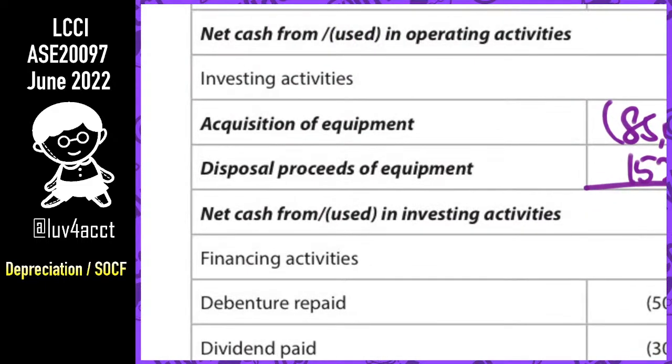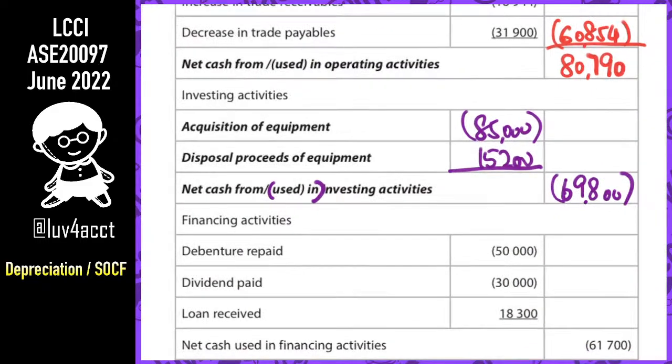One more thing, why is the bracket used like this? It should be here, because it is net cash from investing activities, or if it is negative, it is net cash used in investing activities. So the format is not so good.